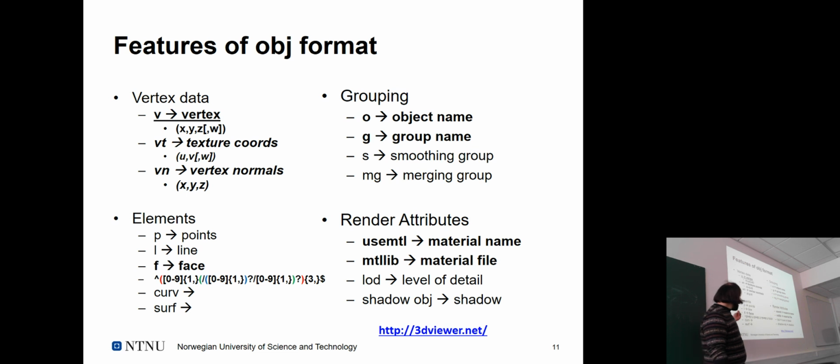So yeah, the first one is vertex number, so we're looking within this range with at least 1 match, and then we have a slash that divides vertex from texture, and then we have the same kind of search for texture. But when we have the question mark, it means that there is either 1 match or 0 match, so it's kind of binary. We can have this, or we can also skip it.